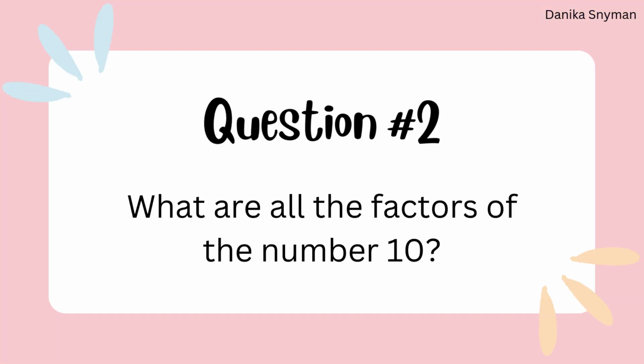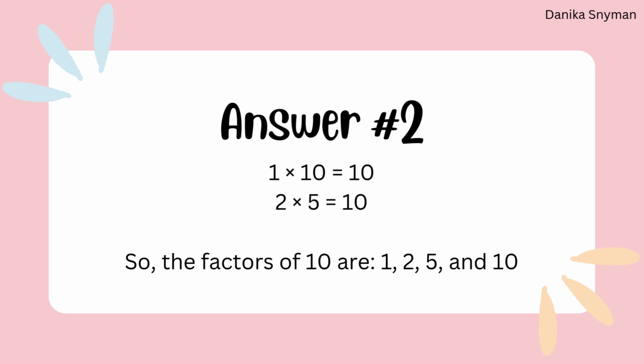Question 2. What are all the factors of the number 10? You can pause the video to try it first on your own. I'm going on. So 1 times 10 is 10 and 2 times 5 is 10. So the factors of 10 are 1, 2, 5 and 10.